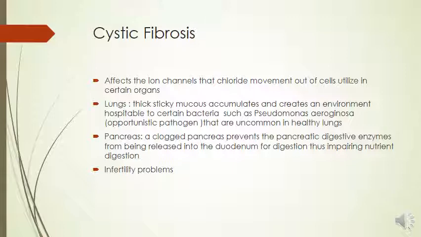We do not find infections from such organisms to be common in healthy lungs. In the pancreas, a clogged pancreas prevents the pancreatic digestive enzymes from being released to go to the duodenum for digestion. Thus, this impairs nutrient digestion. We also see infertility problems in both males and females with these mutations.